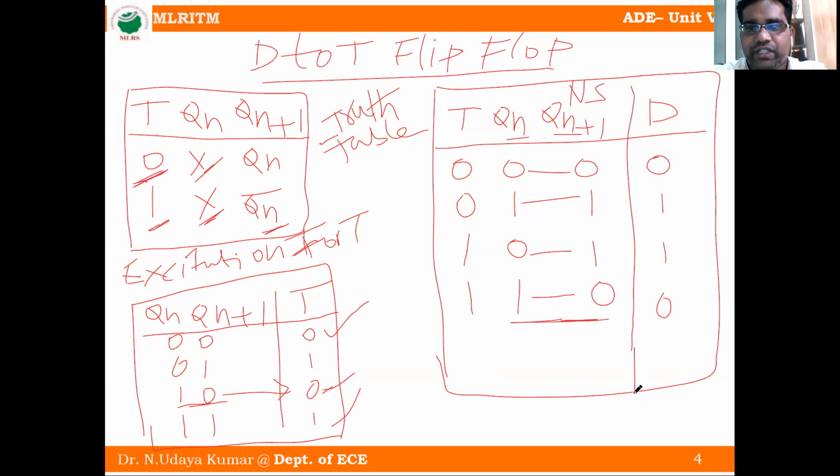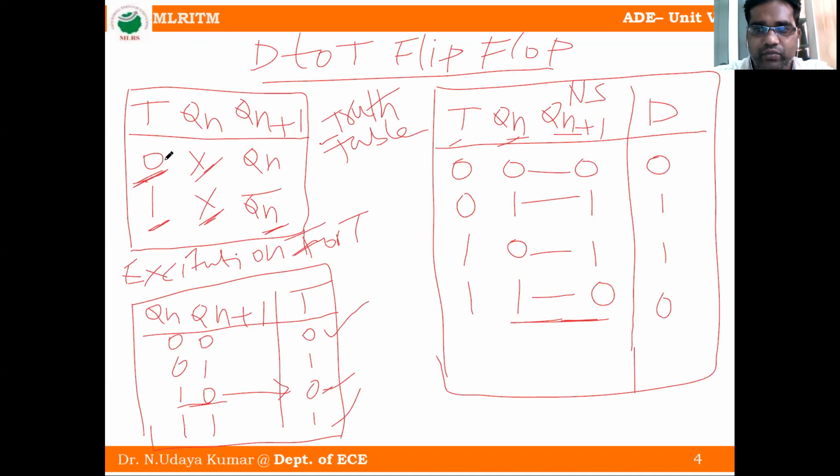How will we find it? There are two variables here, T and Qn, and both are inputs. We will find the expression for D now. Two variables means a two variable K-map. So this is the two variable K-map with T and Qn as 0 1, 0 1. Now we will fill the boxes according to the D output.